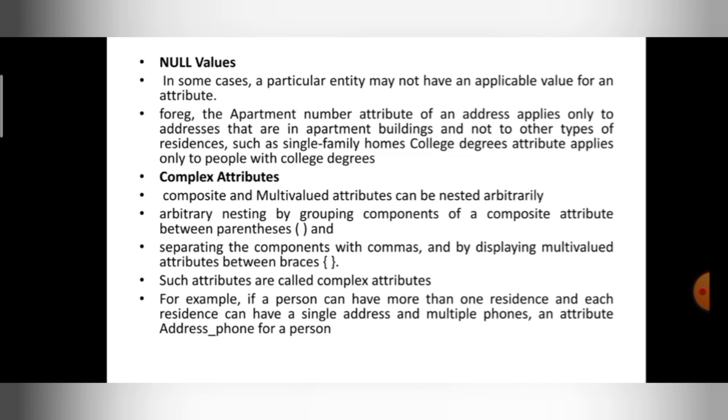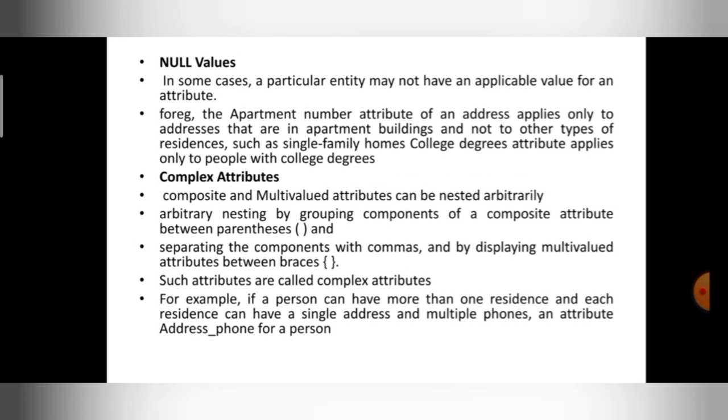For example, a person can have more than one residence, and each residence can have a single address and multiple phones, giving an attribute address phone for a person. You can see address phone. This is a complex attribute. See what I am doing here. This address phone contains both composite and multi-valued attributes, because address is a composite attribute, as you know.